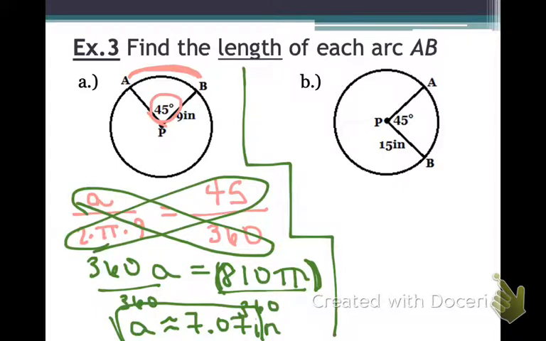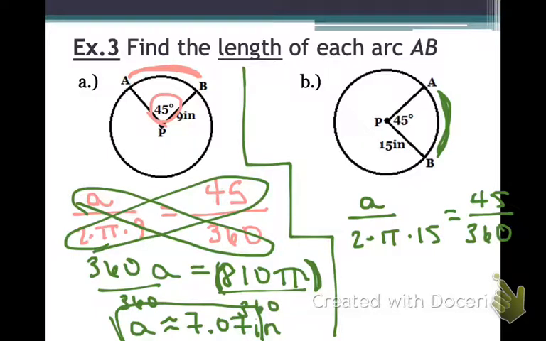So I want you to try the same thing for part B. Try and set up that proportion. Again, I'm just looking for this right here, from A to B. And this should be your starting proportion. A over 2 times 5 times 15, because that's the circumference, equals 45 over 360.